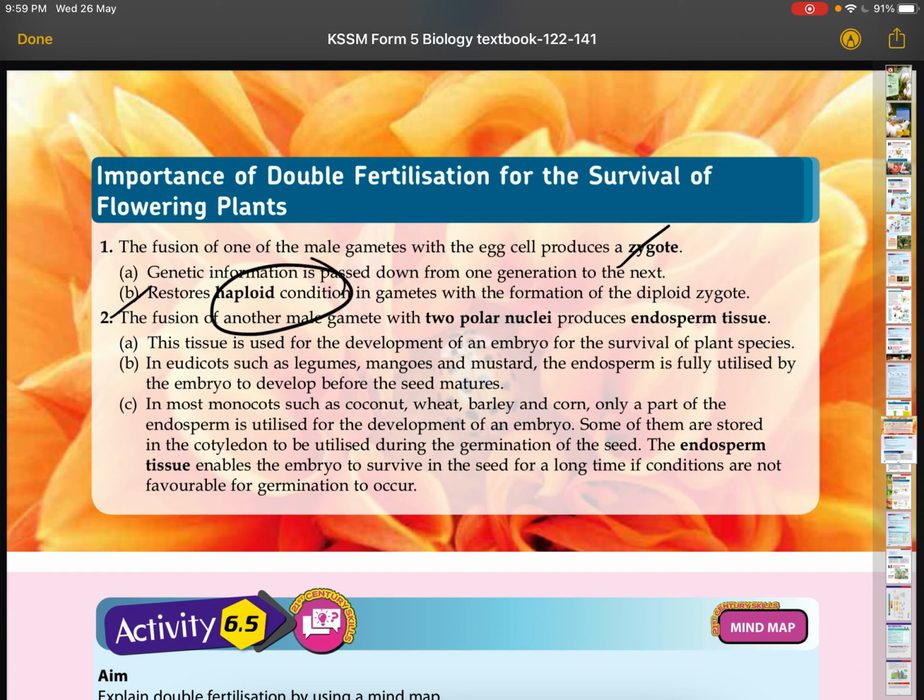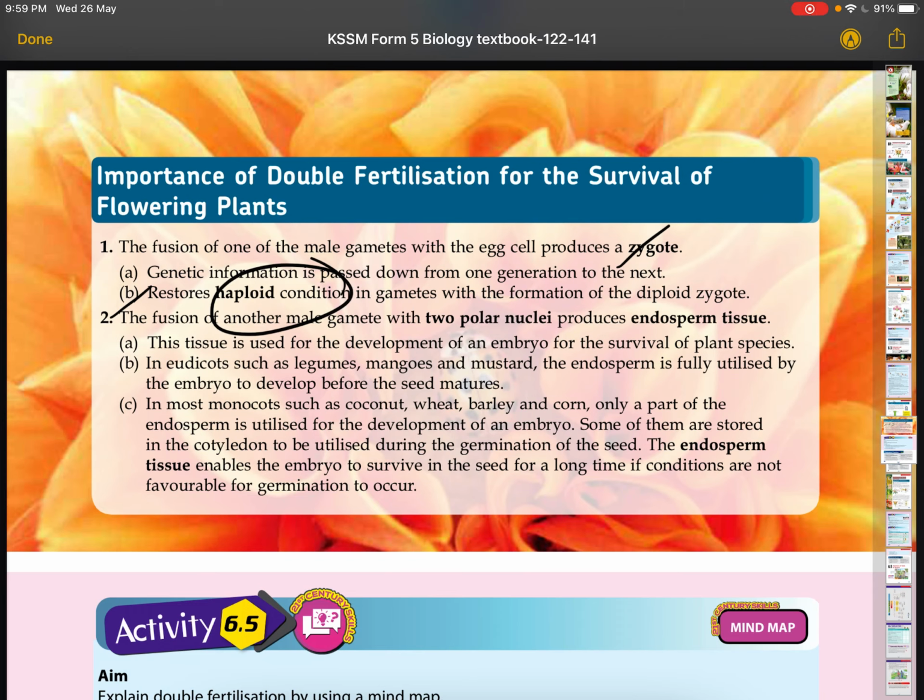How about number 2? The fusion of another male gamete with two polar nuclei produces endosperm tissue. So first of all, the endosperm's main thing is to supply nutrients to the seed. But not all seeds need endosperm. It says here, only a part of the endosperm is utilized for the development of an embryo.